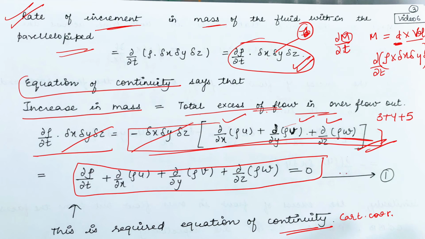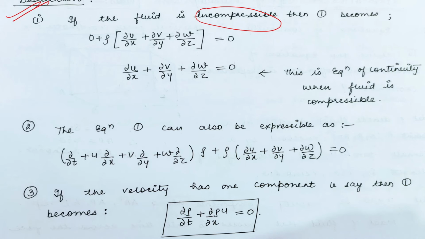This is equation number 1. If the fluid is incompressible, then the term del rho by del t will become 0. So the remaining we can write as rho times the bracket del u by del x plus del v by del y plus del w by del z.